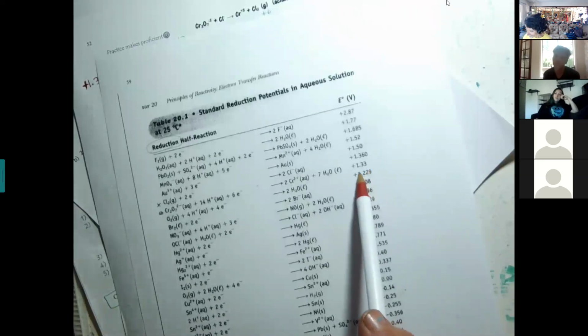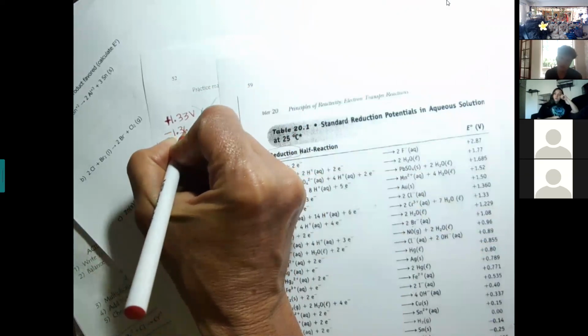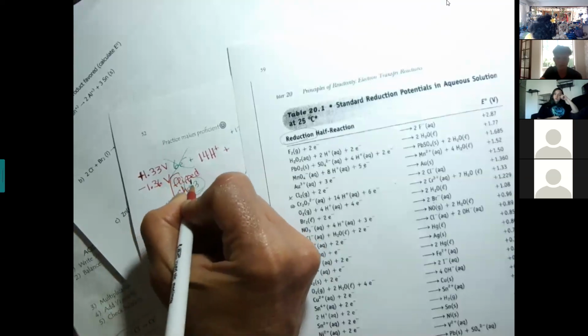So we're not flipping our heads upside down. We're changing the sign. One of the half reactions always gets flipped. So for the chlorine, this becomes a negative 1.360 volts. So it was flipped, and you change the sign.